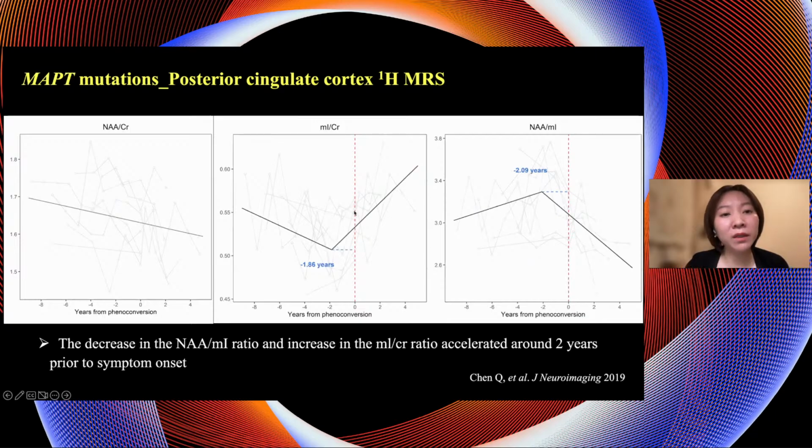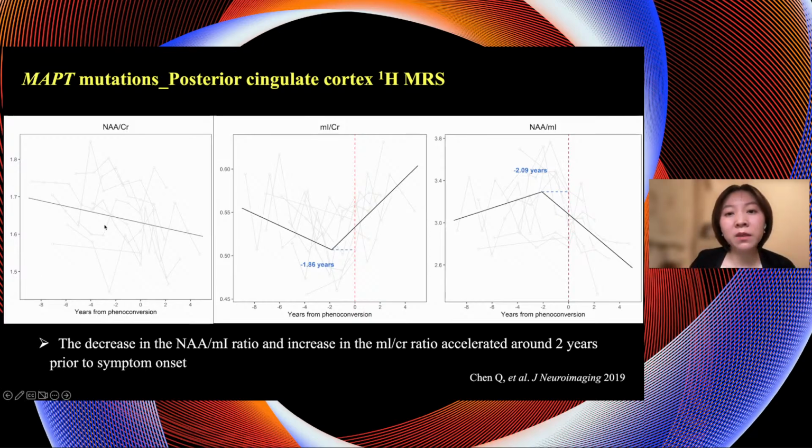And this is what we did for the longitudinal MRS studies. In this study, we have the 6 MAPT mutation carriers, from the posterior cingulate voxels, and we follow them longitudinally, annually, with a median of 77.75 years.